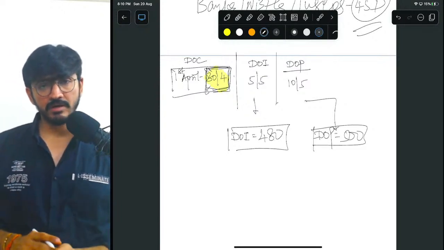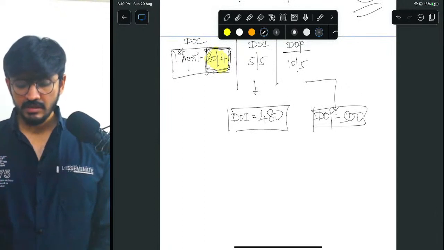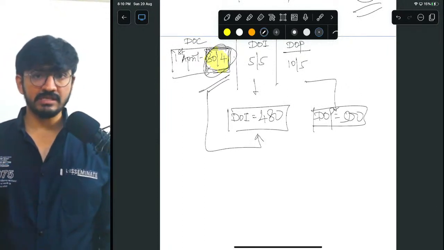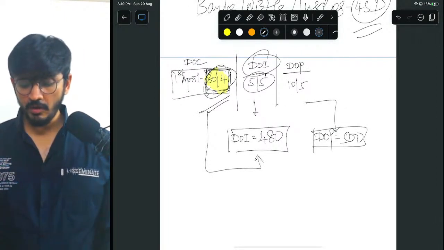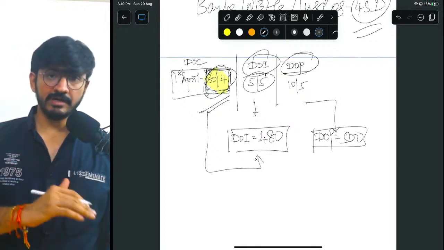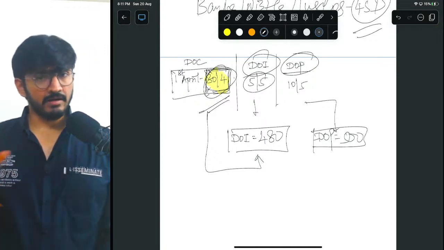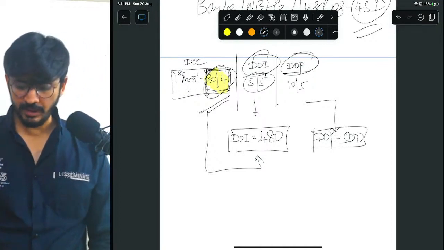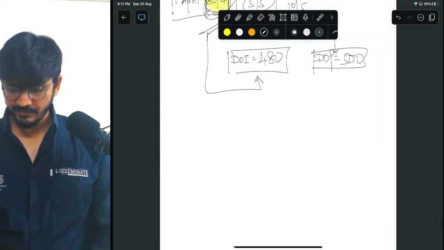So invoice is raised at what? 480 rupees, so simple in this case. This is the DOC, and within 30 days the invoice is raised, yes, on the 5th. Then DOI or DOP, whichever is earlier, DOI. So DOI has what amount written? 480. Simple. 480 will be taxed, and you will pay the tax on 20th of June. Very simple. So here the time of supply is very simple.